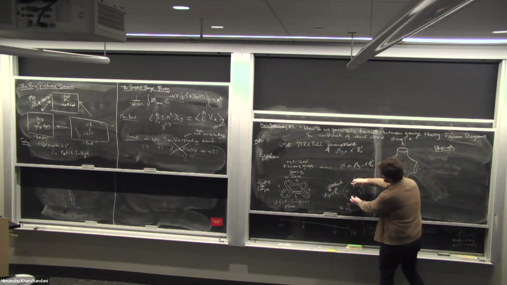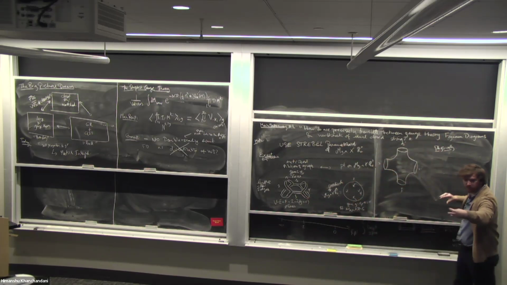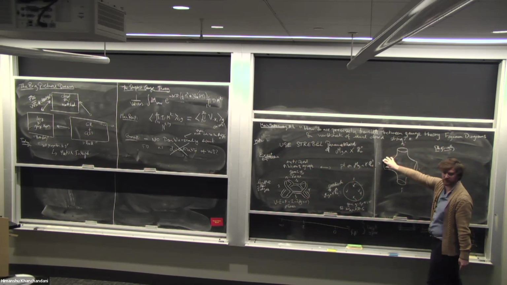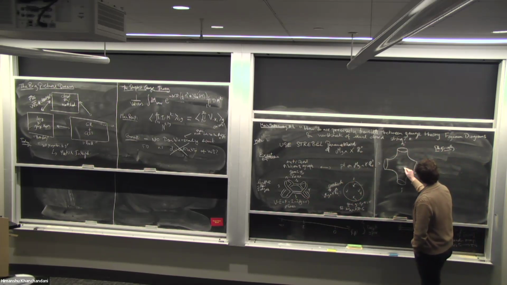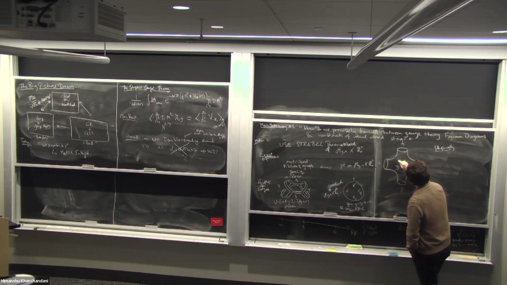What I've done here is I'm just thinking of these punctures as the asymptotic closed string states. That's what these asymptotic boundaries are over here. And so let's draw this Feynman diagram, so it'll look something like this. Maybe I'm being a little ambitious here.